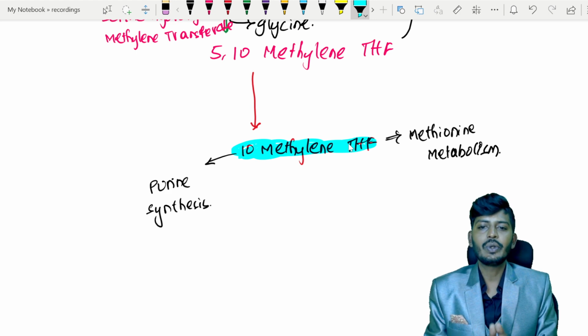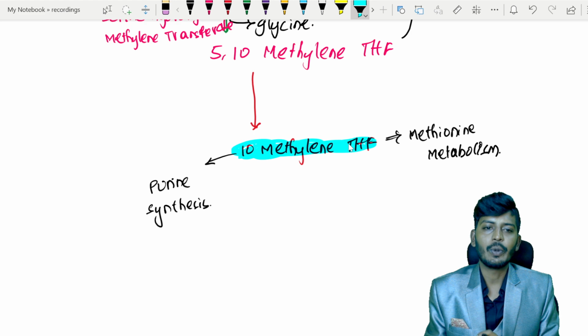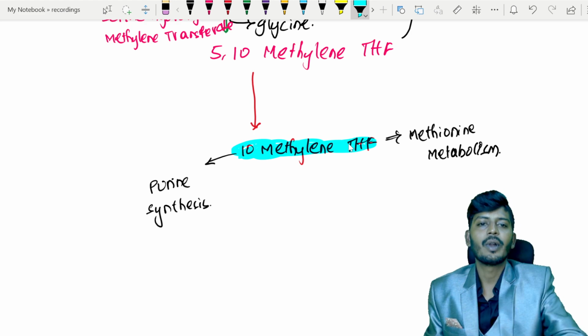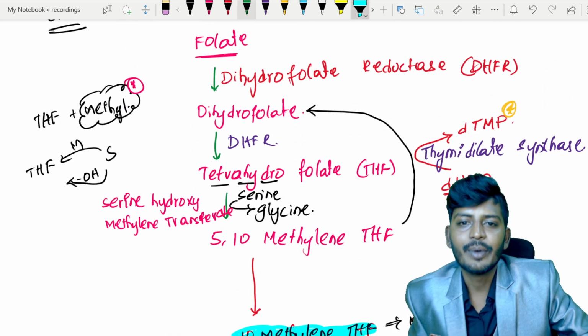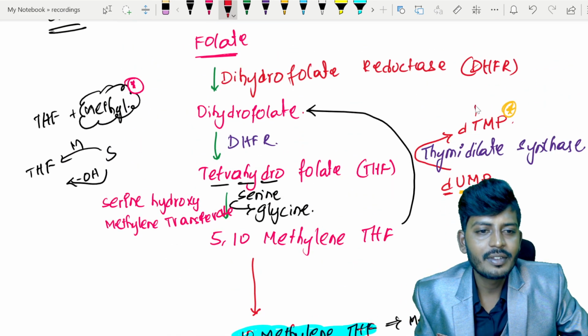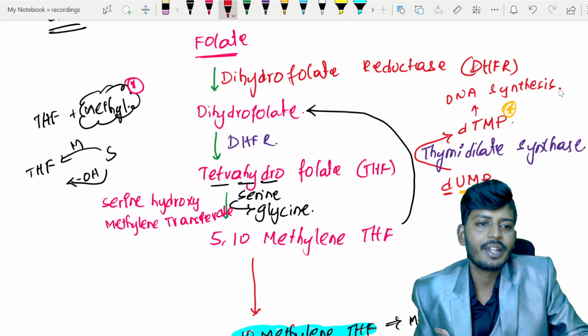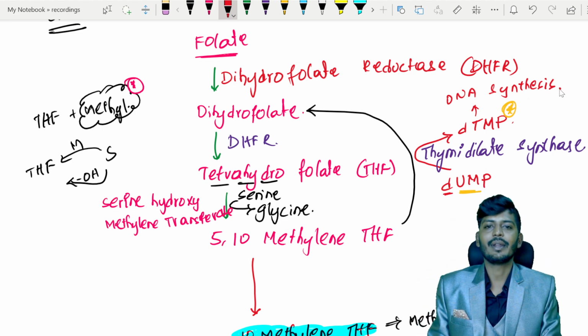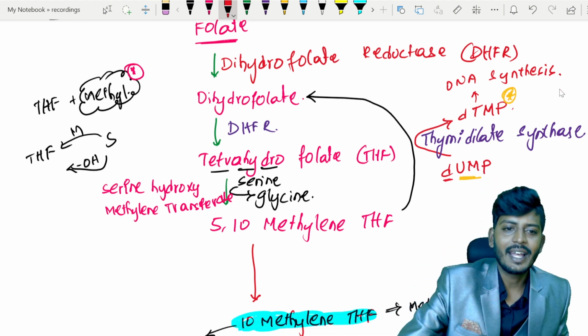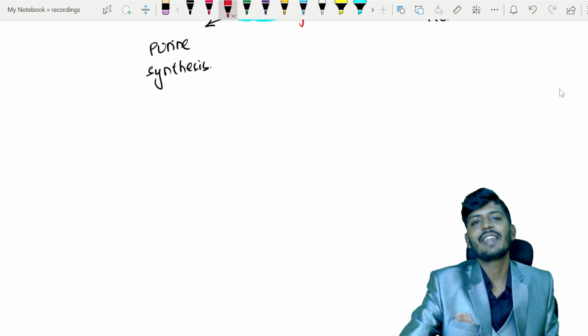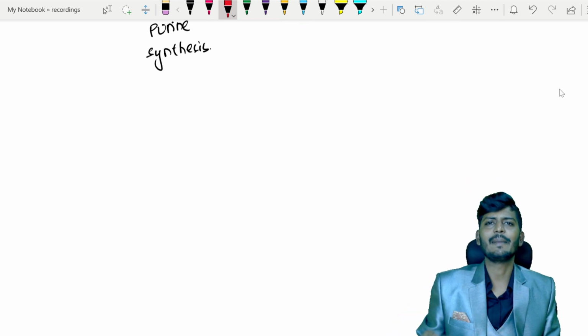It gets converted for purine synthesis, it can enter into methionine metabolism, and it can form pyrimidines. These pyrimidines are involved in DNA synthesis. So this is the story of folic acid metabolism.